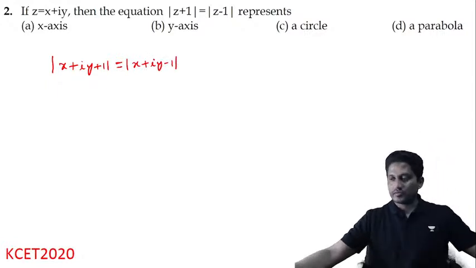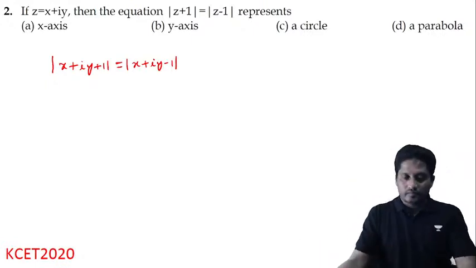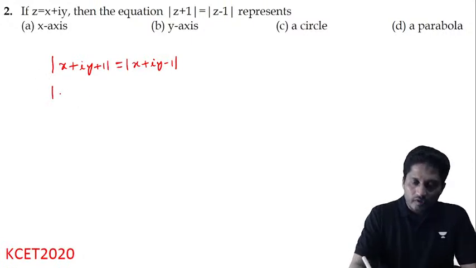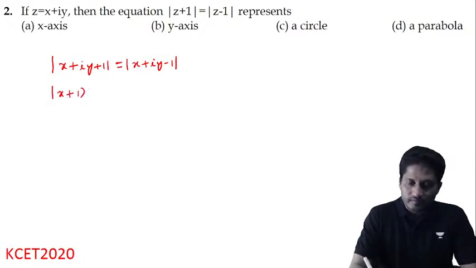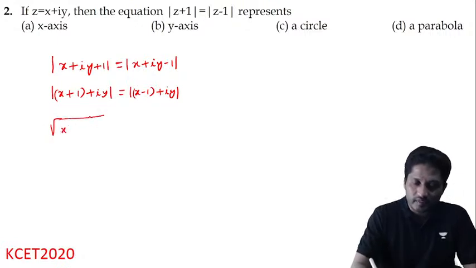So modulus of (x plus 1) plus iy is equal to modulus of (x minus 1) plus iy. Mod of x plus iy is root of x square plus y square. So root of (x plus 1) the whole square plus y square is equal to root of (x minus 1) the whole square plus y square.